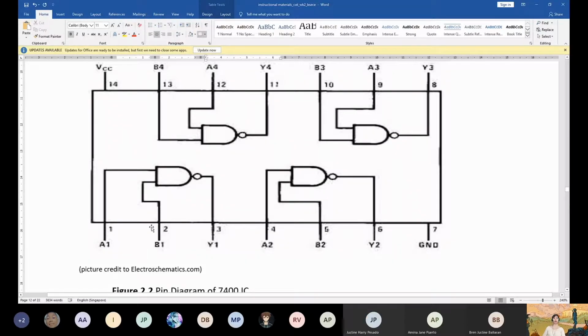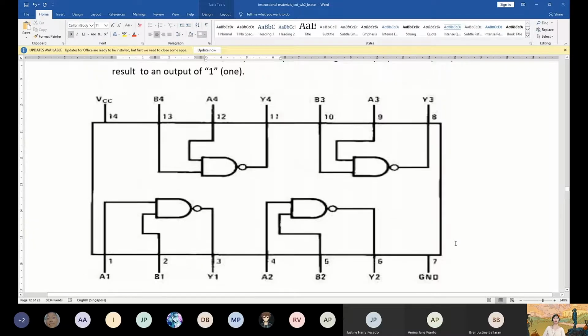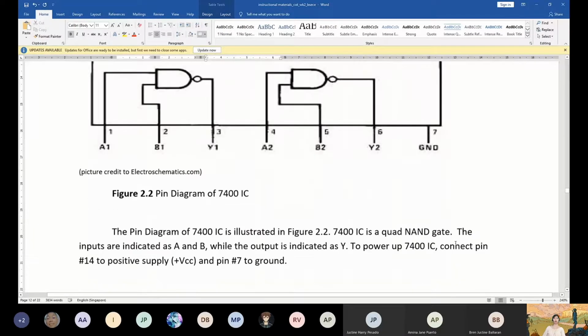We have 1 and 2 as inputs, 3 as output, 4 and 5 as inputs, 6 as output, 9 and 10 as inputs, 8 as output, and 12 and 13 as inputs, 11 as output. Again, pins 14 and 7: you supply the positive supply and ground respectively. That is for the 7400.